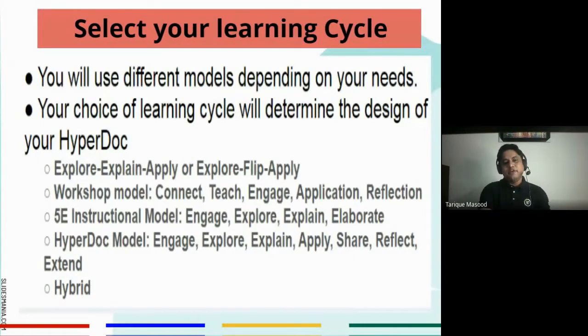Workshop: if you are conducting a workshop, you can create a Hyperdoc which has contents like connect, teach, engage, application, and reflection. If you are teaching students who belong to junior or senior grades, you can take the 5E instructional model that has engage, explore, explain, elaborate, and evaluate. You can even go for hybrid Hyperdocs where you can mash up two to three different Hyperdoc models and make your own.